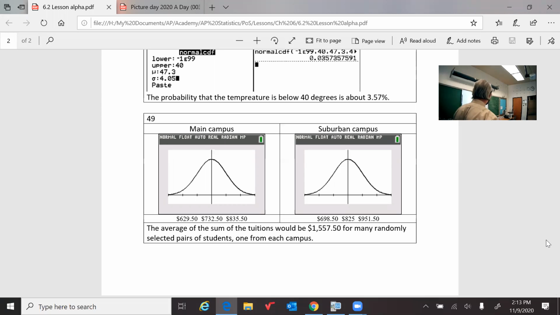And then here's the steps. The steps are given to you, so I counted out one to the right, one to the left. And the question becomes, you have another picture, and the other picture is combine them. So when you combine them, the center would be the sum of these two values. It would be $1,557.50.